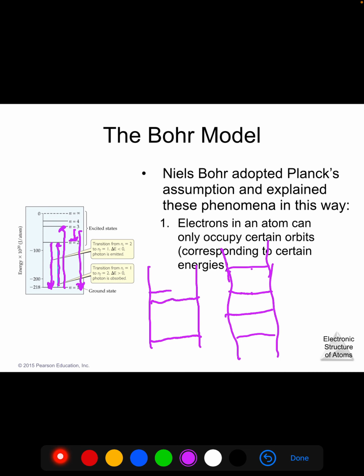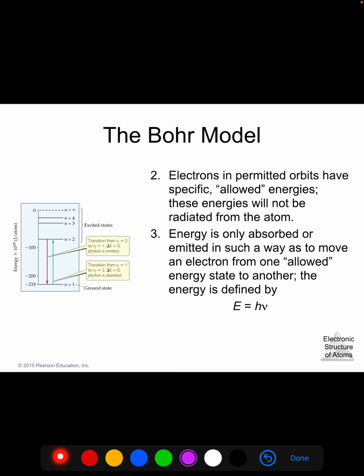As we go up the ladder, they get closer and closer together, like this over here in the diagram. So all this may seem very complicated, but what I want you to know is that the electrons exist at very specific energy levels, and there are only certain allowed energies. You can't be between energy levels.